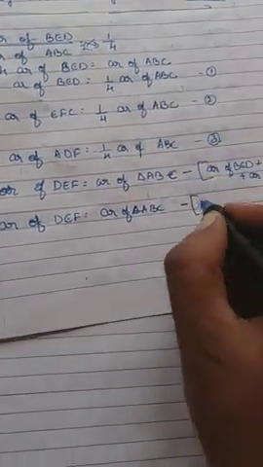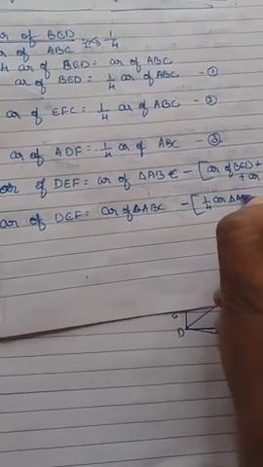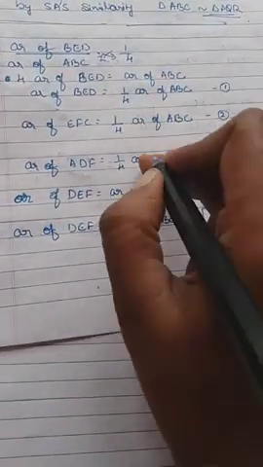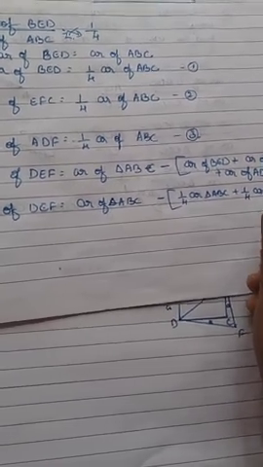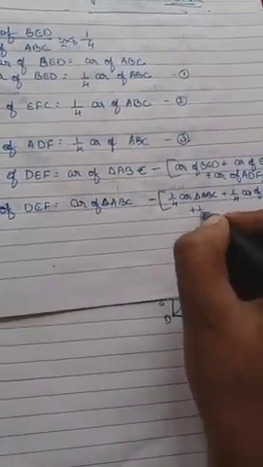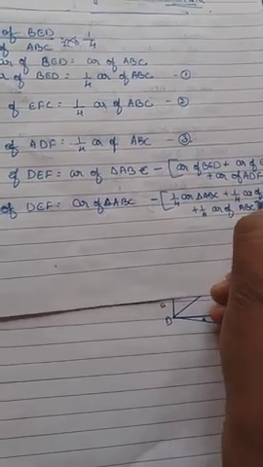So the area of triangle DEF equals area of triangle ABC minus the area of triangle BED, which we got as 1 by 4 area of triangle ABC, plus 1 by 4 area of triangle ABC, plus 1 by 4 area of triangle ABC. All are equal, right? So 1 by 4 plus 1 by 4 plus 1 by 4.